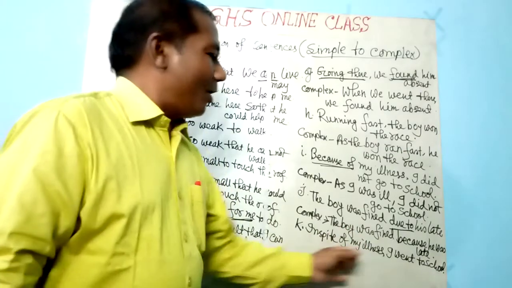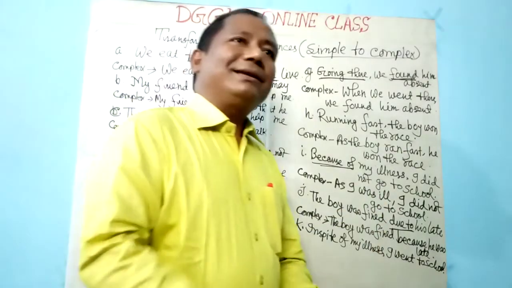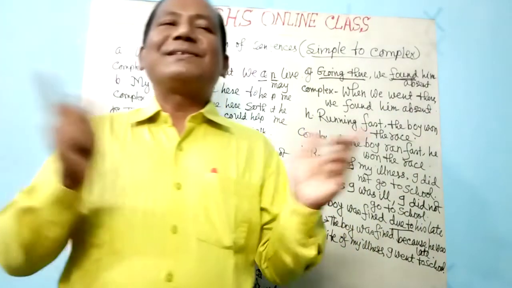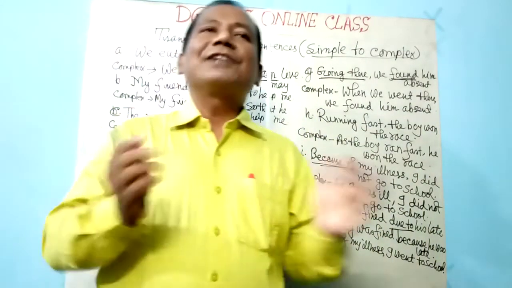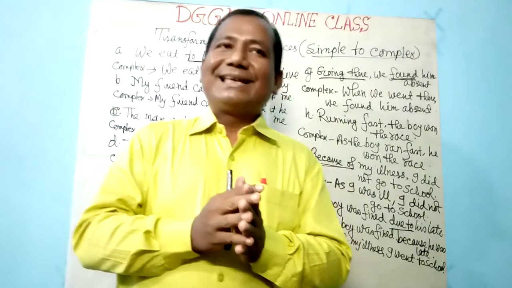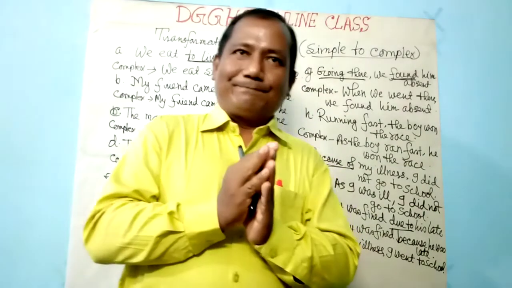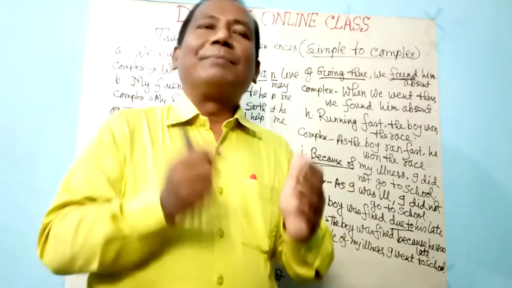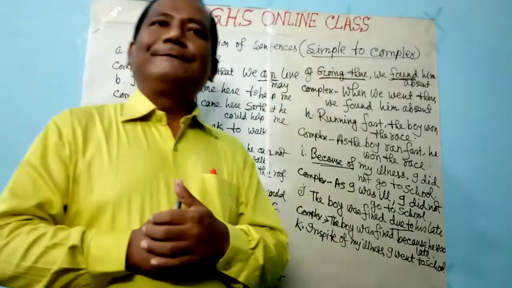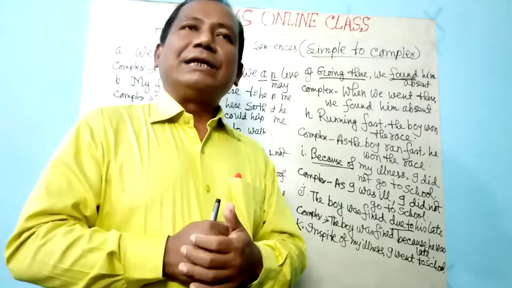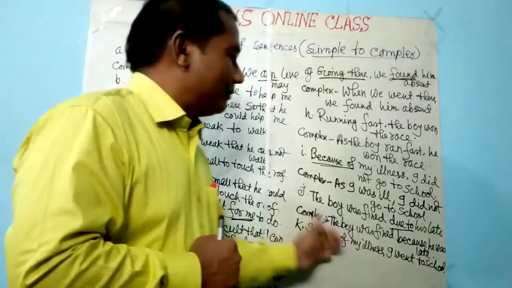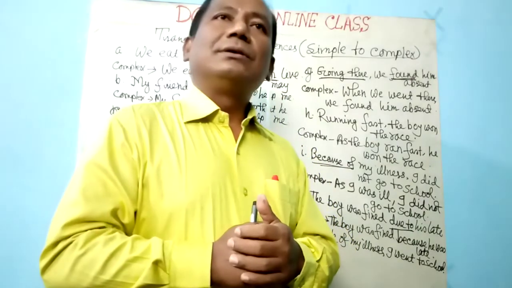So they are opposite, and that's why when the parts or clauses of a sentence express opposite meaning, then we connect them by what? By though or although. In order to make a simple sentence into complex one, we use here though or although.